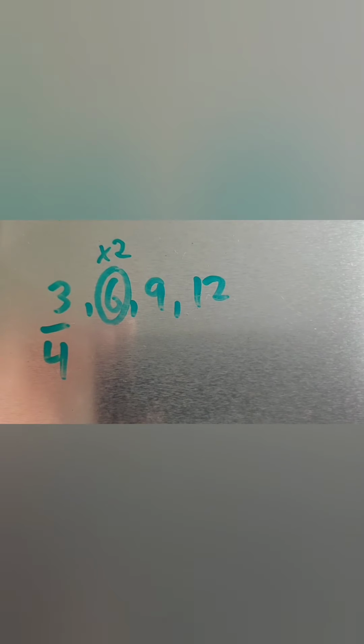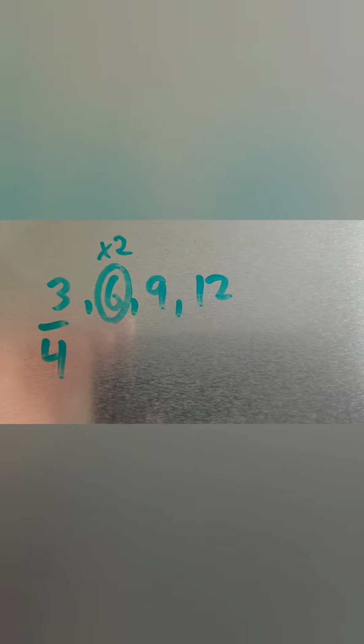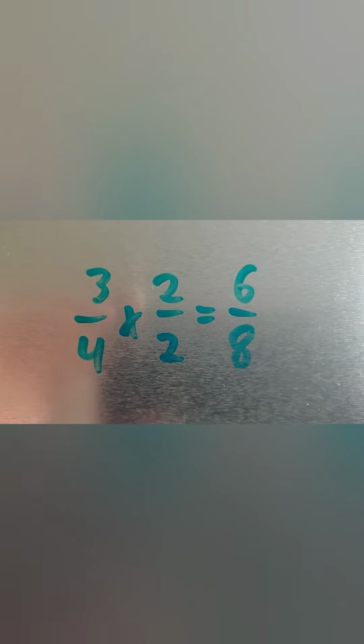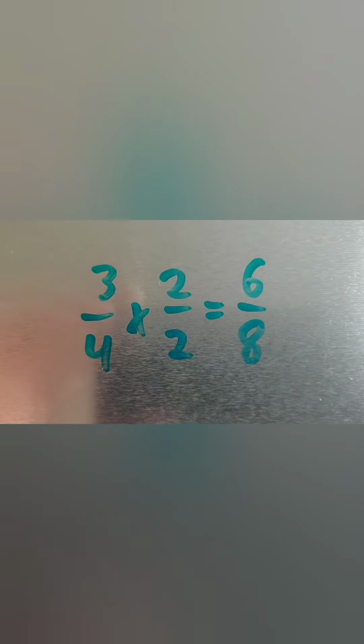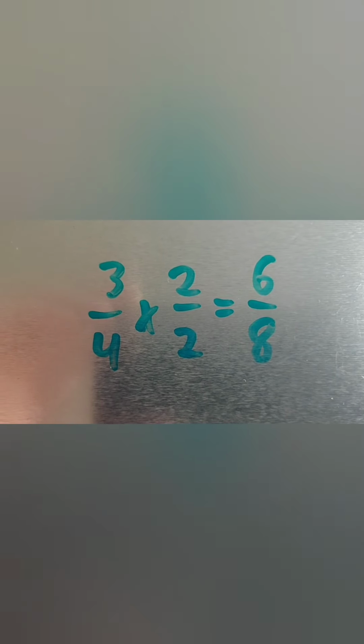And look at 3 times 1, 3 times 2 is 6. That tells me I'm going to want to multiply 3/4 times 2/2 in order to express it as an equivalent fraction with a numerator of 6. When I do that, I see that 3/4 is equivalent to 6/8, or in other words, 3/4 is the same thing as 6/8.